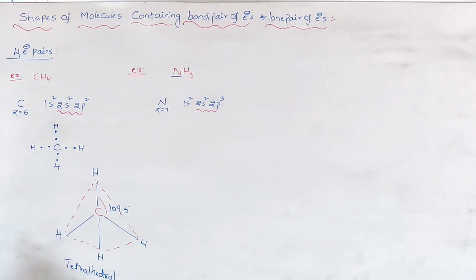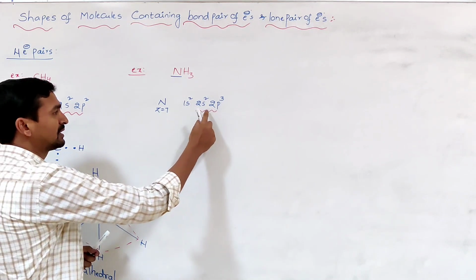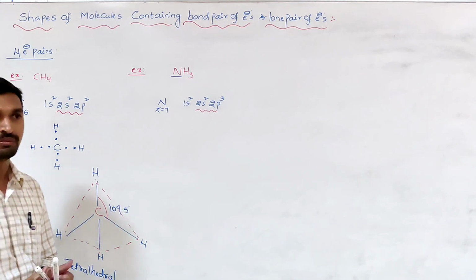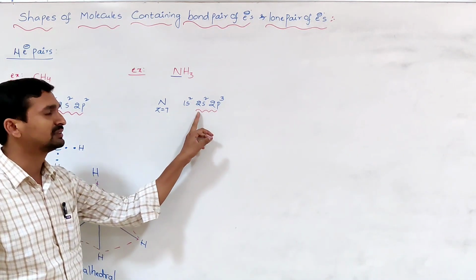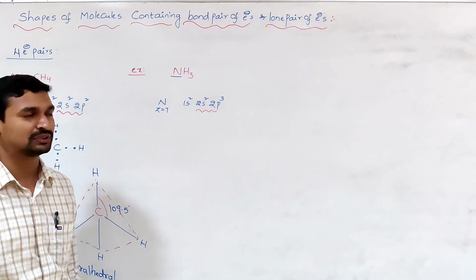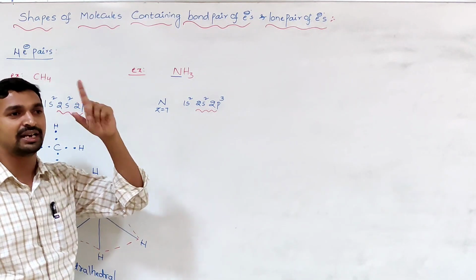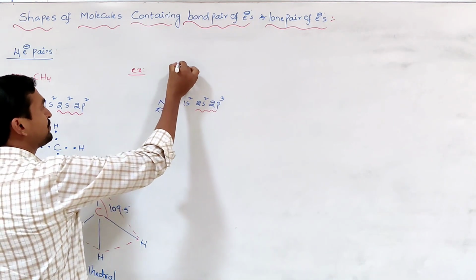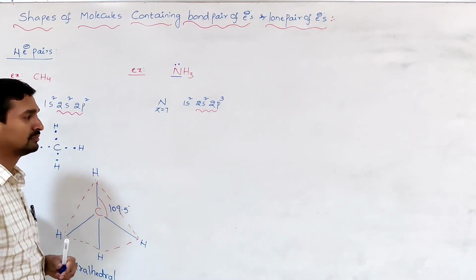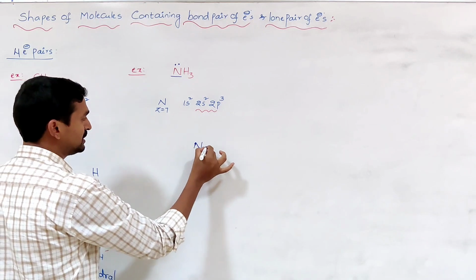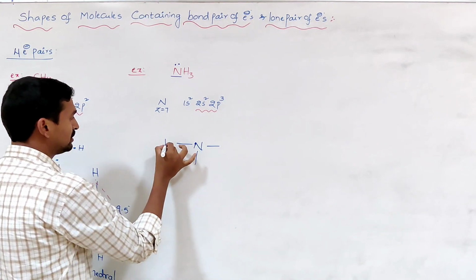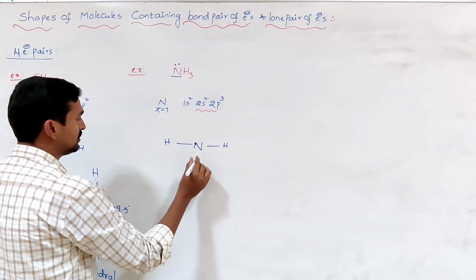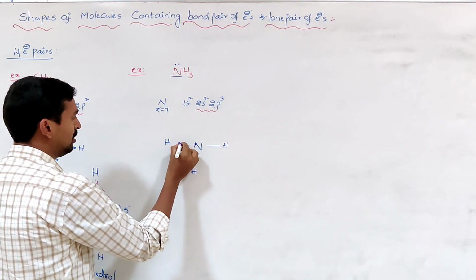So out of the five valency electrons in the nitrogen atom, only three electrons participate in bond formation. How many electrons are left? Two electrons are left. Those two electrons remain as one lone pair on which atom? Nitrogen. So around the nitrogen atom, three bond pairs and one lone pair are present.